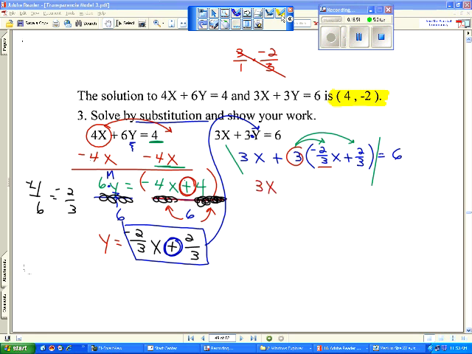So we have 3x, and then the 3's cancel, and we get that negative 2x. And then we got to take that 3 times that 2/3, and so we have 3 times 2/3, which is a positive 2, equals 6.